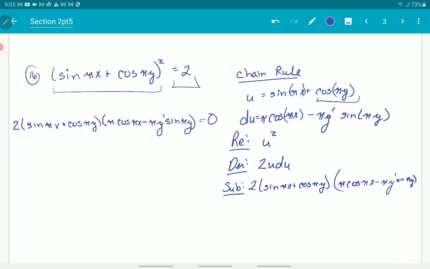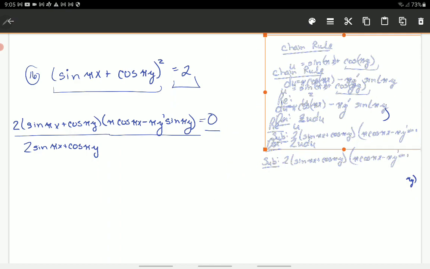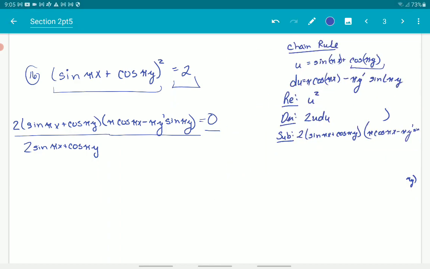Now remember the goal. The goal is to get y prime by itself. So I'm going to divide both sides by 2 sine of pi x plus cosine of pi y. What I do to the left, I got to do to the right because math is always fair. So let me move this up here.